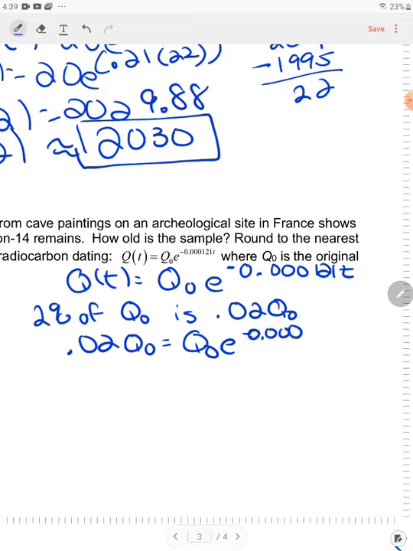So watch, if I divide by Q naught, it cancels out. So it doesn't matter how much you start with initially. You have 2% of the initial amount.